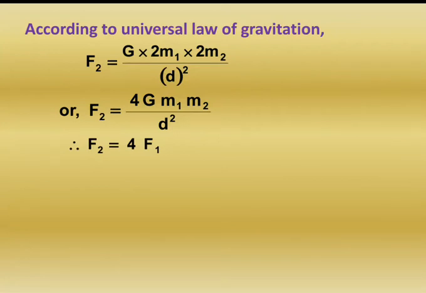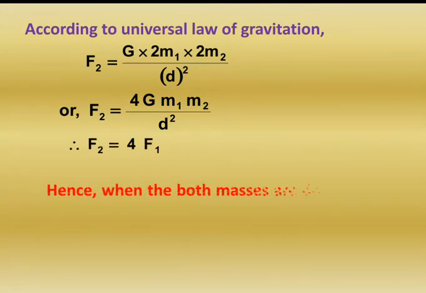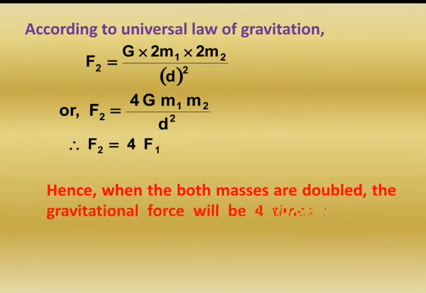Therefore, F2 equals 4F1. Hence, when both masses are doubled, the gravitational force will be 4 times the initial gravitational force.